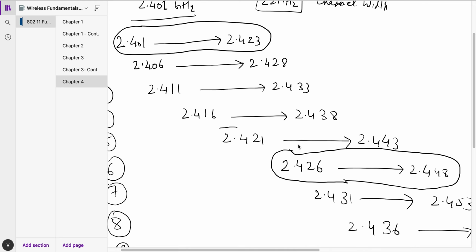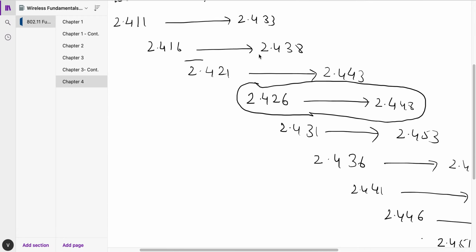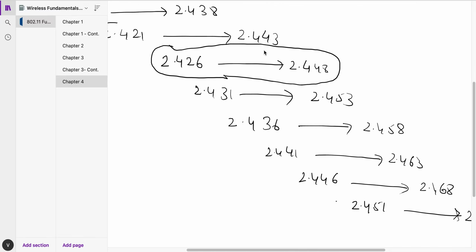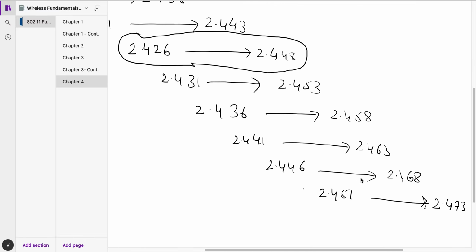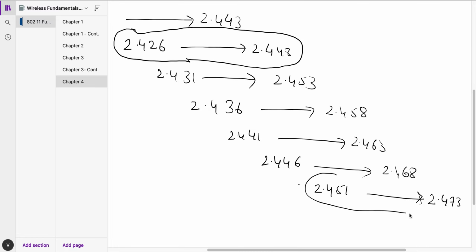There is no overlap of frequency, right? The starting frequency of 6 is 2.426 and the ending frequency of 1 is 2.423. So there is no frequency overlap between 1 and 6. Similarly, if we check the frequency of 6 and 11, we see again similar behavior.